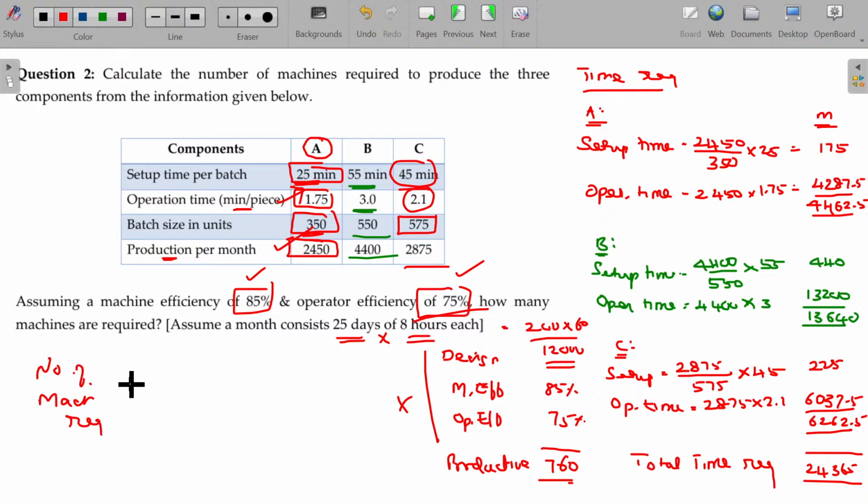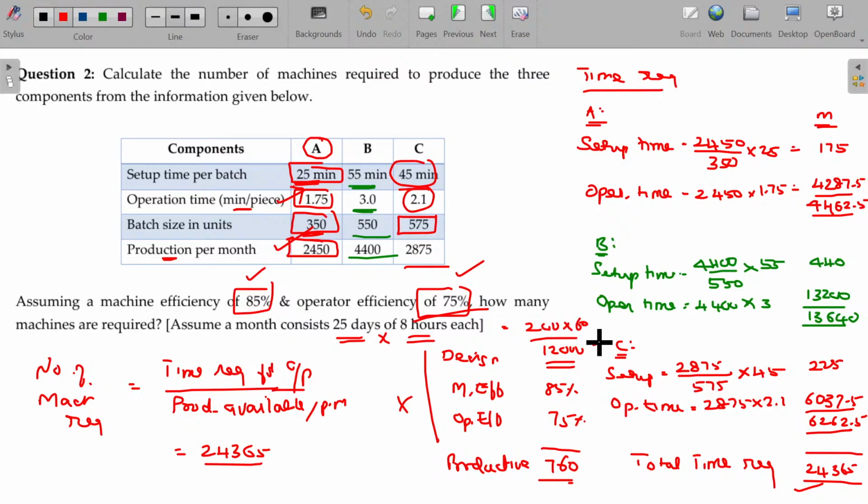Now, number of machines required. What's the time required for producing the output? Time required divided by productive time available per month. The time required being 24,365.